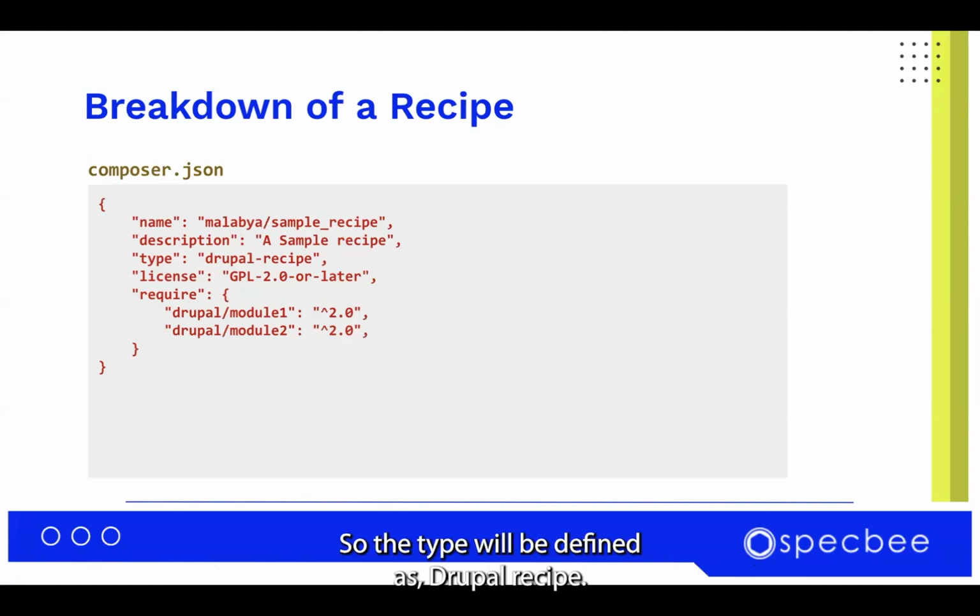So the type will be defined as drupal-recipe, and you can require what are the modules or what are the themes that need to be installed or required by your recipe. It's a straightforward composer.json file where you require all the dependencies for your package.